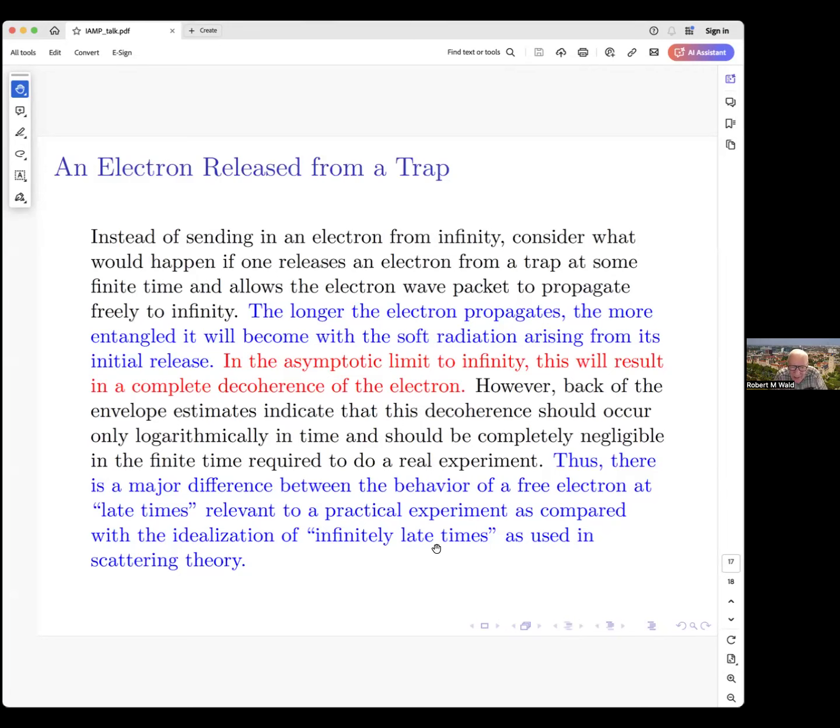At infinitely late times, it will completely decohere into momentum eigenstates. But at the late times of some practical experiment, that effect will be completely negligible.